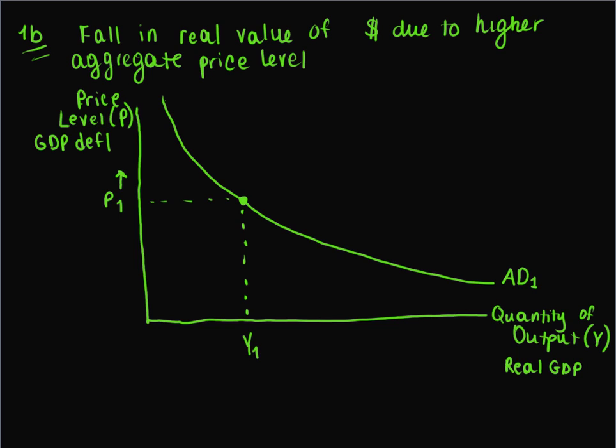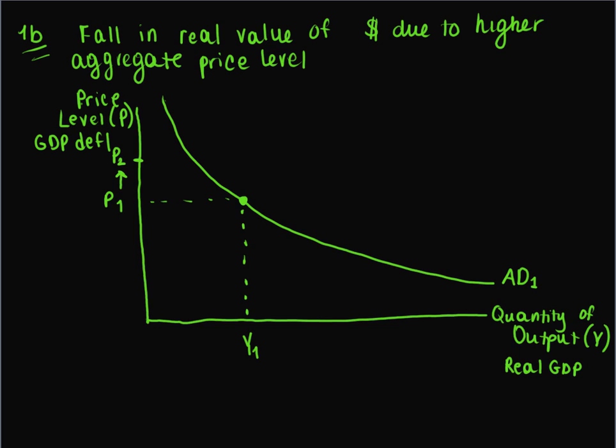And now my first question has to be, considering my aggregate demand curve, am I moving along the aggregate demand curve or am I shifting the curve? Well, remember that if the reason for a change is a change in the price level in our economy, then we are talking about a movement. If it's anything else, then we're talking about a shift.